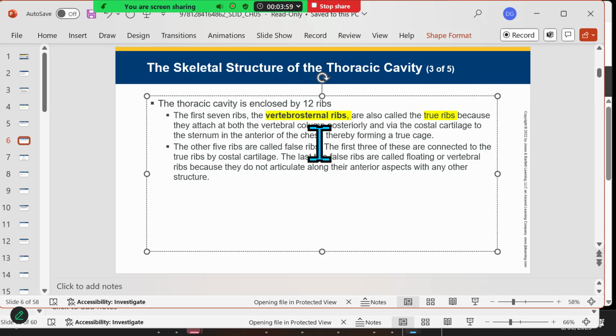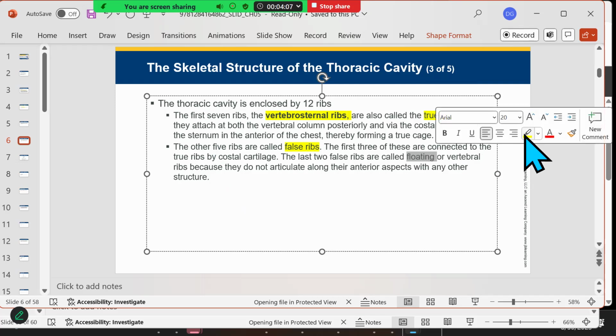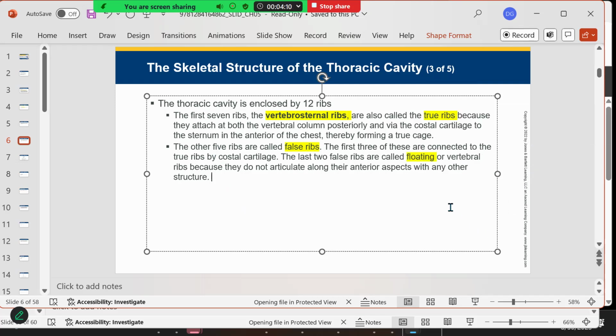But the other 5 ribs are false ribs. You might also call them floating ribs, because they are not directly attached to the sternum in the front. So, true ribs and false ribs, some of which are floating ribs.